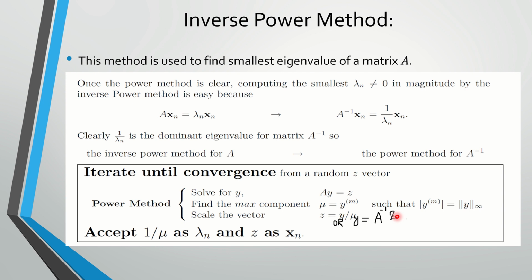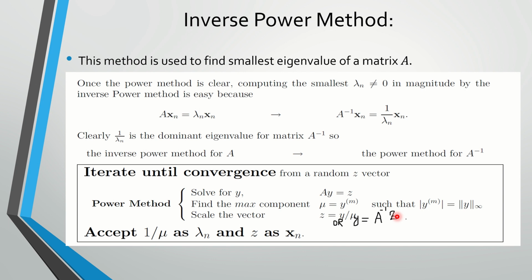The same steps mean you will multiply A inverse with X naught to get Y1, right? Then pick the absolute infinity norm, right? Divide that vector Y by that norm, mu 1, and you will be getting what? A scaled, normalized vector. And then you do what?